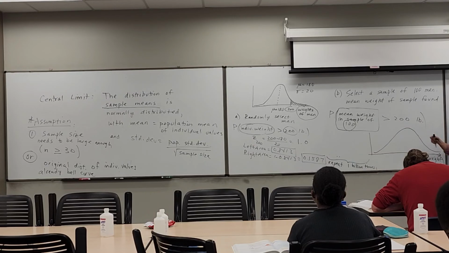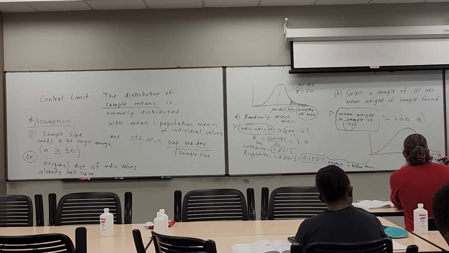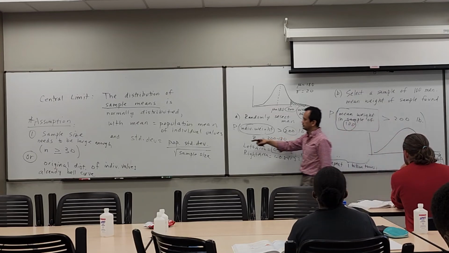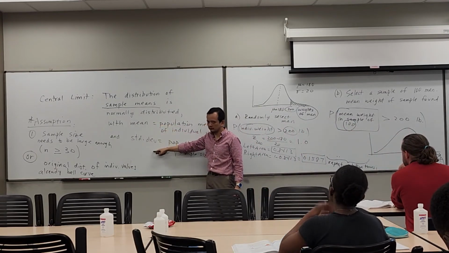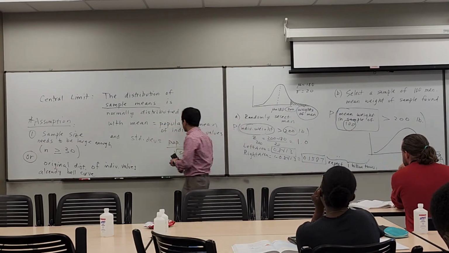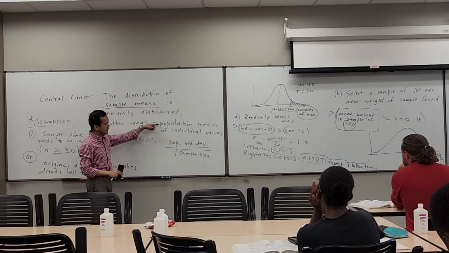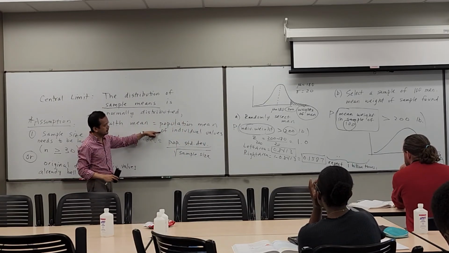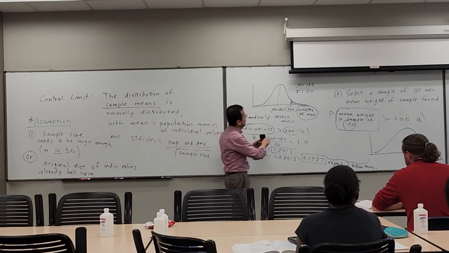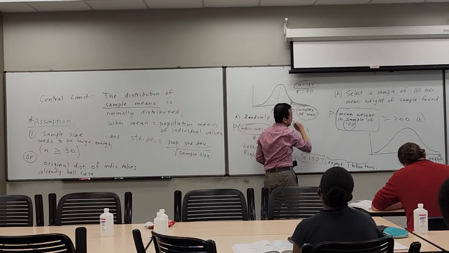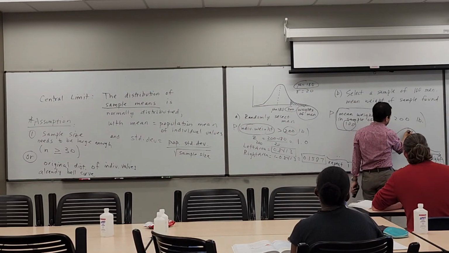So now that we established the central limit theorem holds and we have a bell curve for this distribution of sample means, now we can get the exact mean and standard deviation using the central limit theorem. The mean will be the original population mean, which in this case is 180. So the mean of this new bell curve is 180.